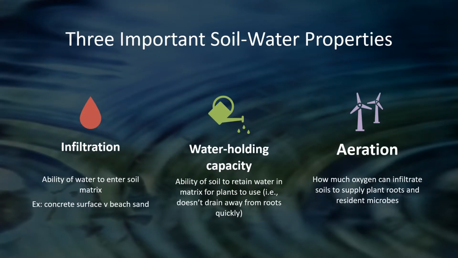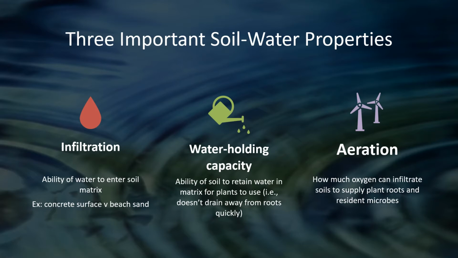This slide summarizes the 3 soil properties and our processes related to soils and water. The first is related to how quickly water enters and drains through soils. So soils with larger and more connected pores or openings will allow for faster water infiltration.